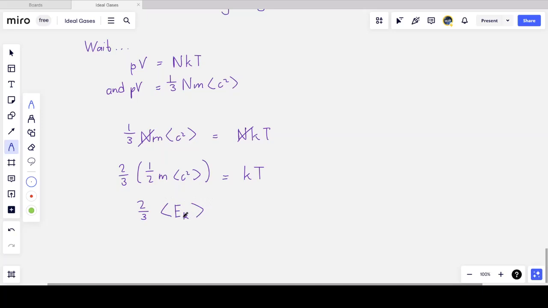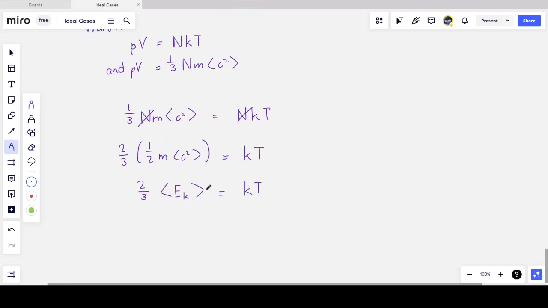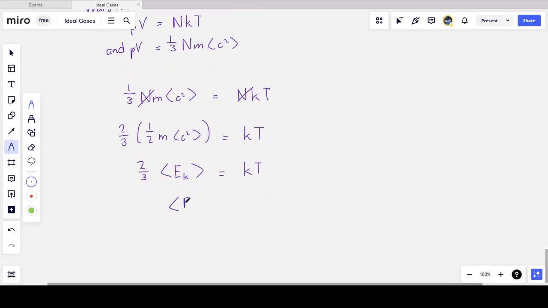Each molecule has the same mass m, and so the average of the kinetic energy is a half m times the average of the speed squared. And so 2/3 Ek is equal to kT, which means that Ek, the kinetic energy on average of the molecules of the gas, is 3/2 kT.